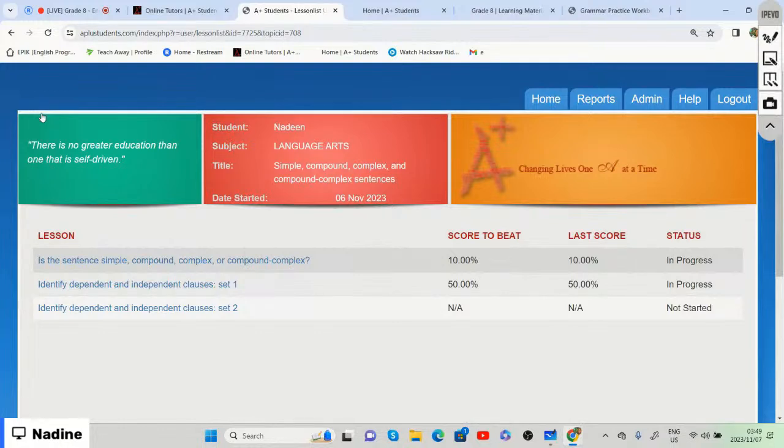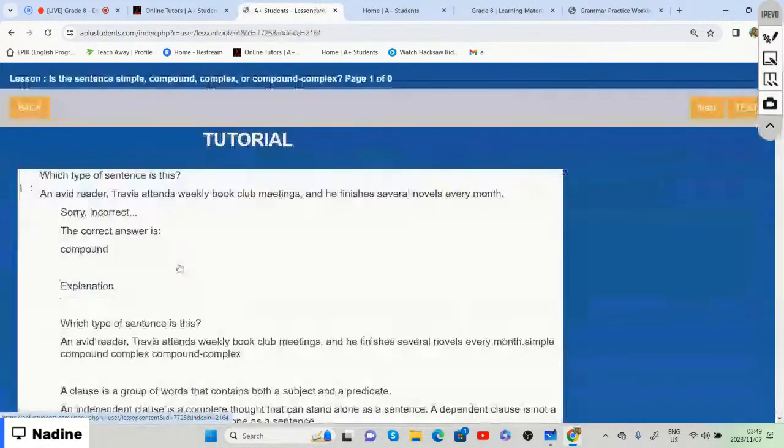Then we have a compound sentence, which is made up of two independent clauses joined by a conjunction, which is and, but, or so.